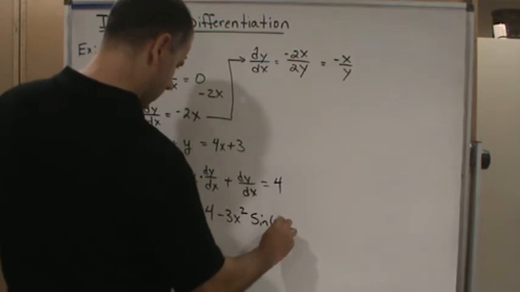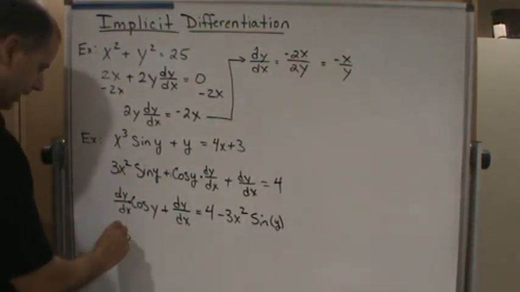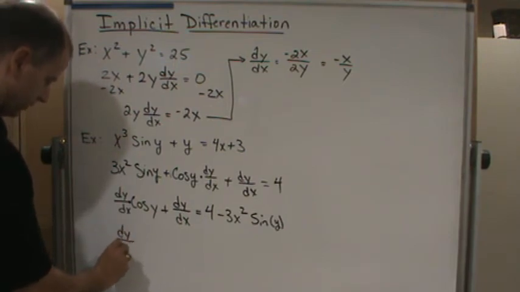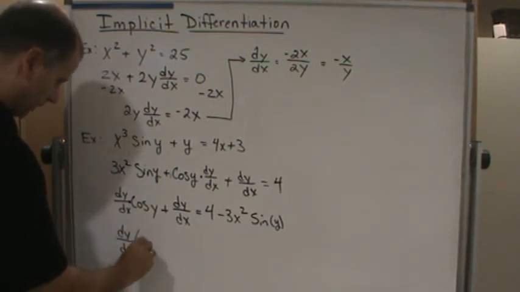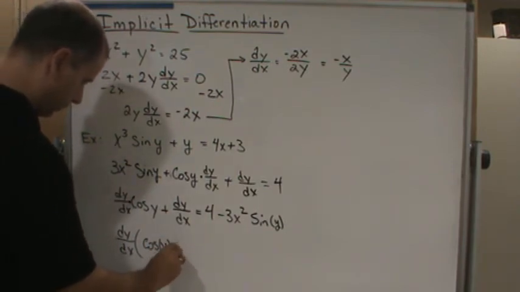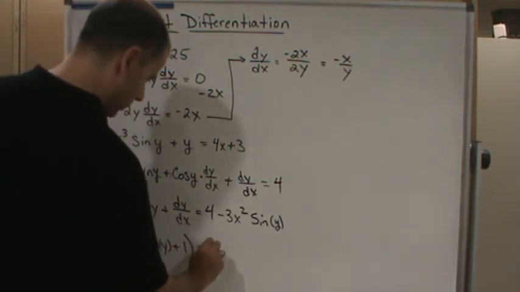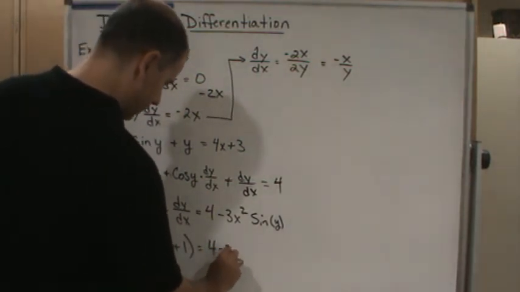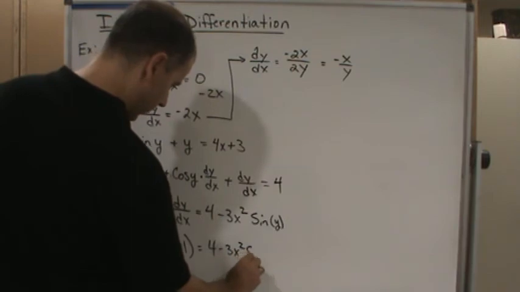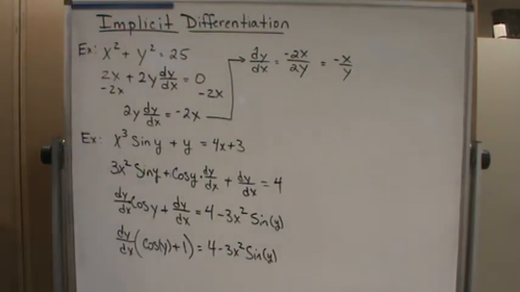Now I'm going to factor out the dy/dx, so I get dy/dx times cosine y plus 1 equals 4 minus 3x squared sine y.